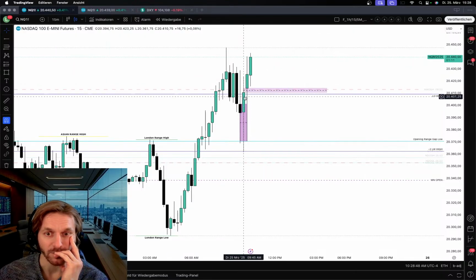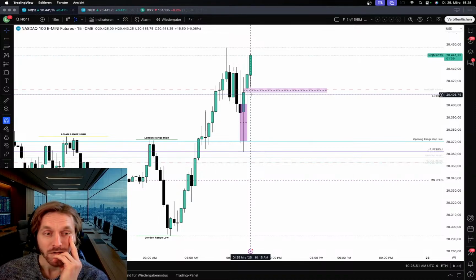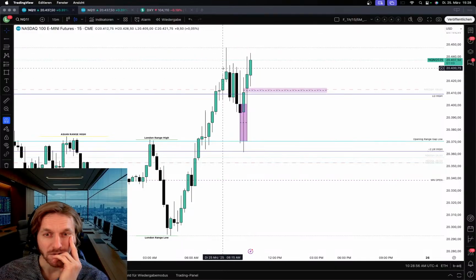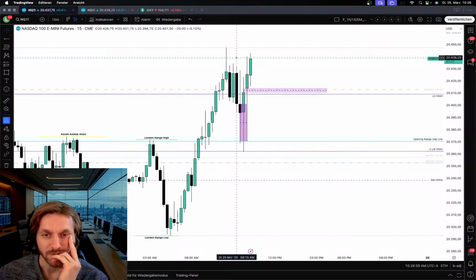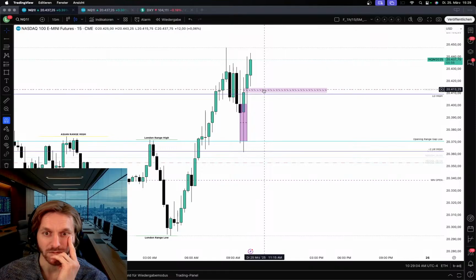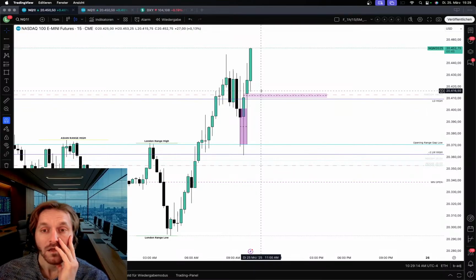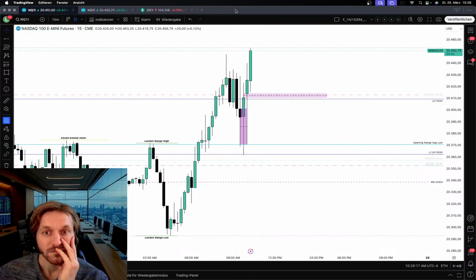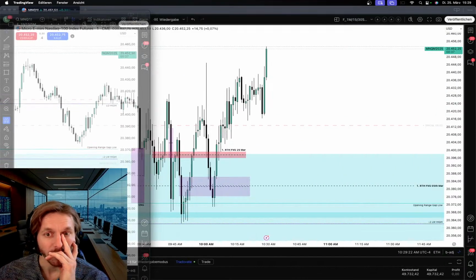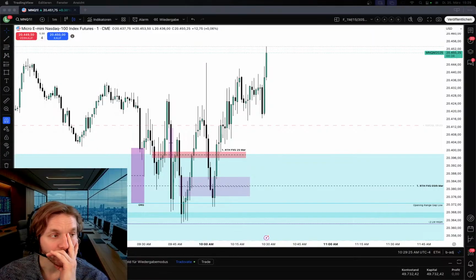I do think the 1050 to 1110 macro would make more sense, because if we don't take out this high, it could retrace into this leg up and use the new week opening gap and the volume imbalance as a... yeah, there we go. So never mind. It makes no sense anymore due to the fact that we took out the high.